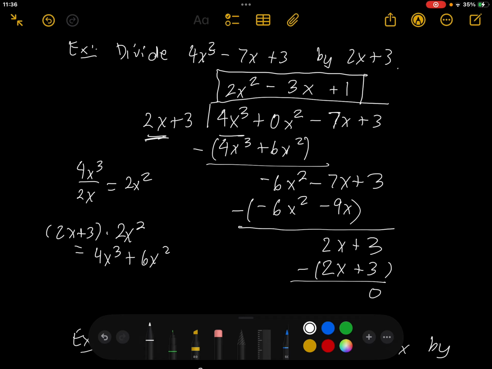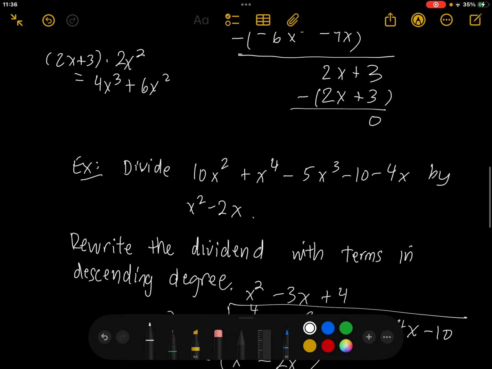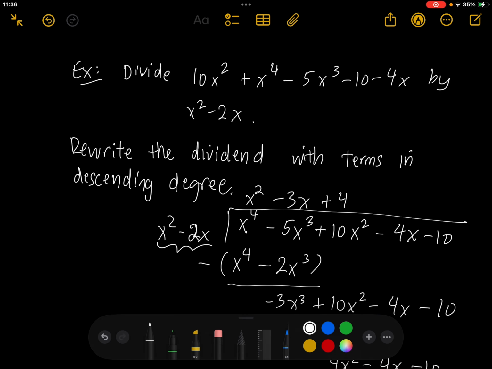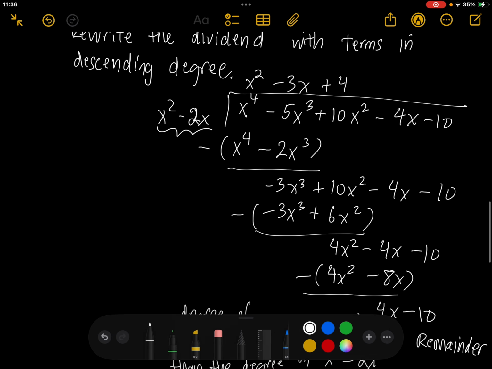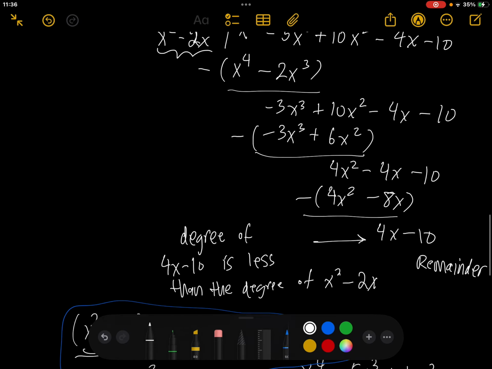You always want a coefficient for every possible term, so that things line up when you do the division. And then we did an example that illustrated that you want your polynomials in descending order in terms of degree before you do the division, and then sometimes you get a remainder.